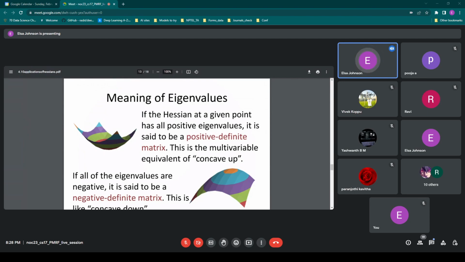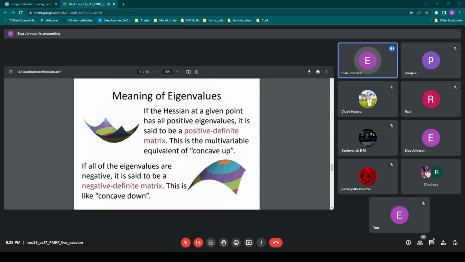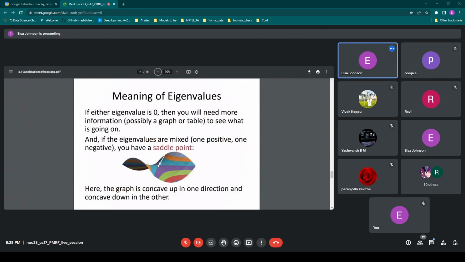Okay, and if the eigenvalues are negative, it's said to be a negative definite matrix, or this is like a concave down. Okay, now if the eigenvalue is 0, or in the other case one positive one negative, like a saddle point, it will be concave up in one direction and concave down in another direction. Okay, Ram, is that okay?